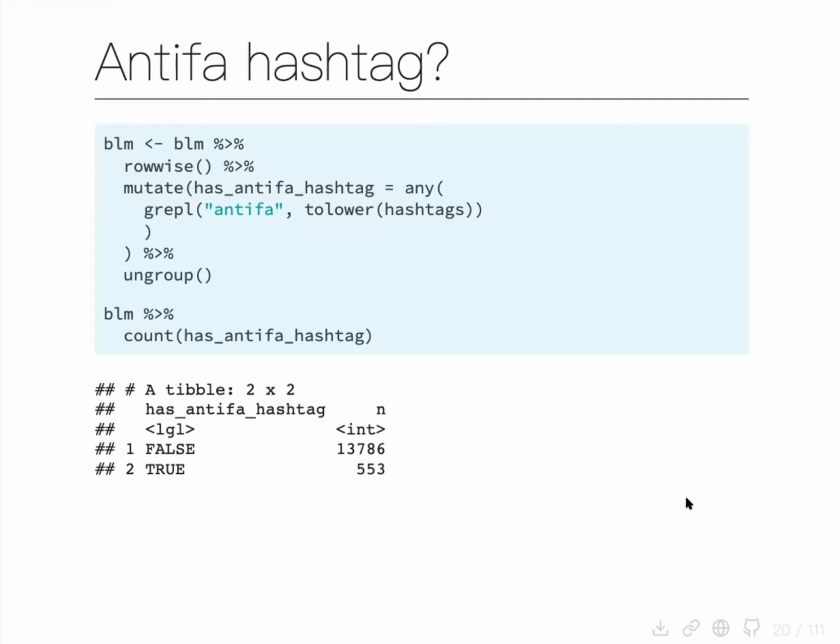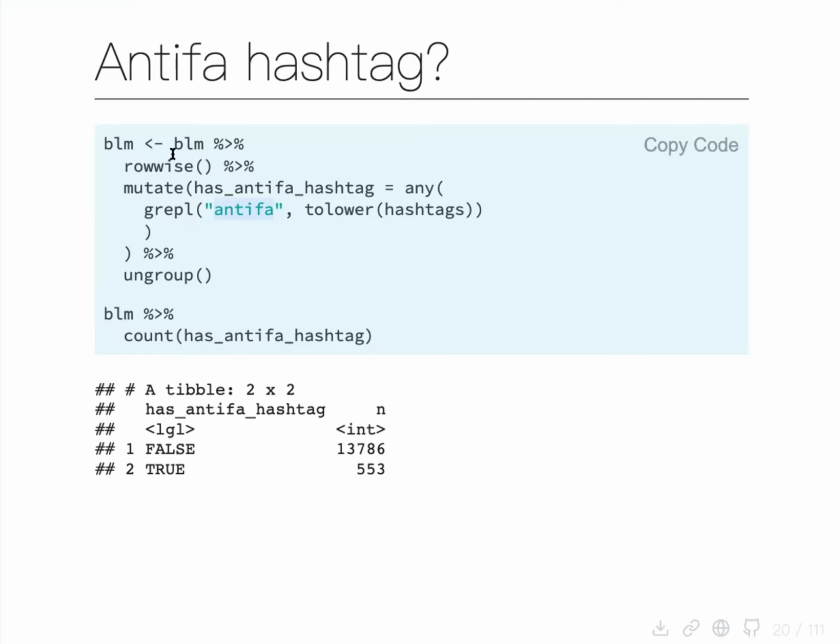Politically those things are in conflict with each other, or maybe not directly in conflict, but certainly the way they're discussed by the two different political sides is very different. So maybe people using the Antifa hashtag are going to be more negative in their tweets about Black Lives Matter than people who are not using the Antifa hashtag. So I could pull out basically a dummy code to see whether or not they used the Antifa hashtag also, in addition to Black Lives Matter or BLM.